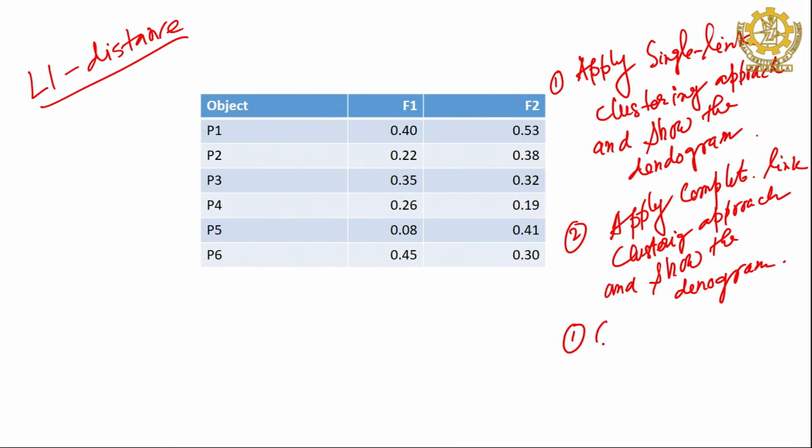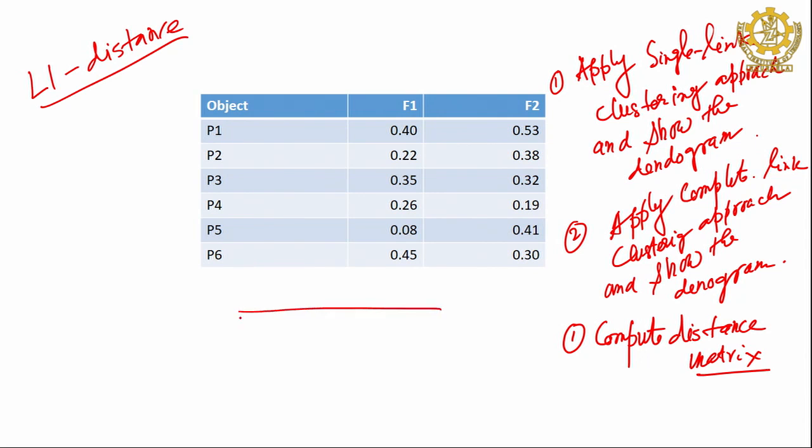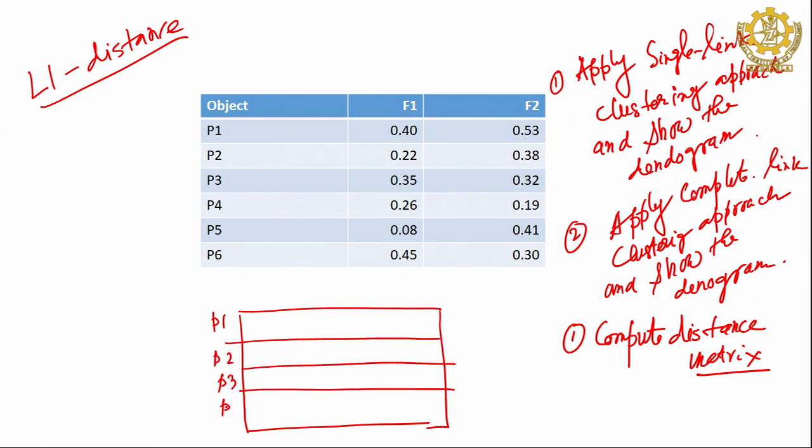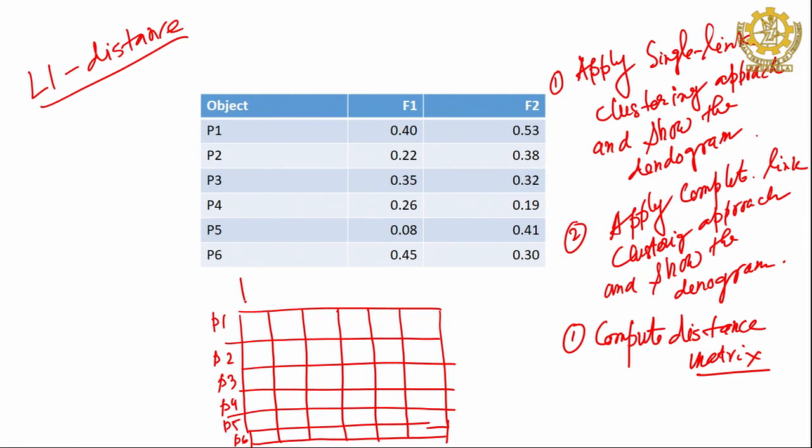So, what is the first step? First step is to compute the distance matrix. So, you compute the distance matrix. This diagonal element will automatically be 0. Next, we are computing the L1 distance. So, the distance from P1 to P2, what will be the distance?